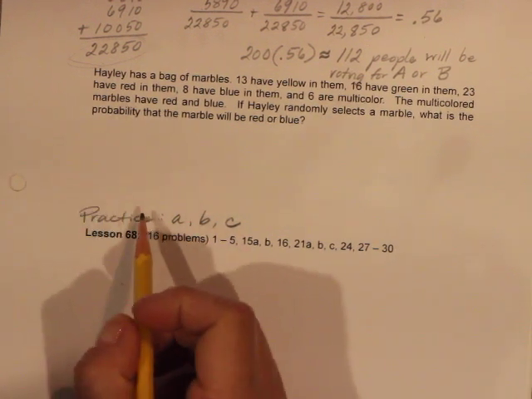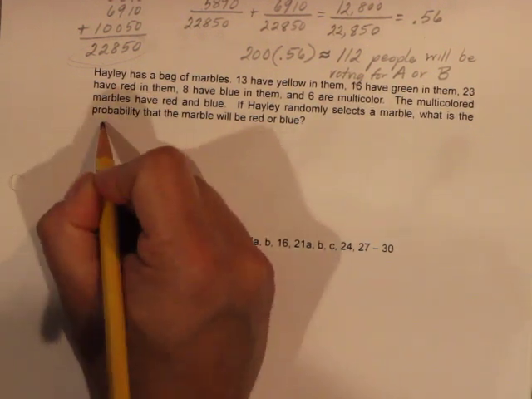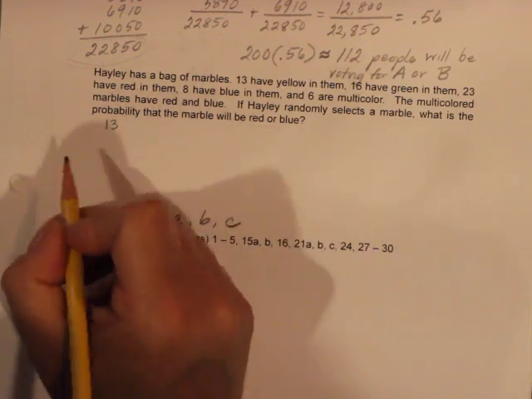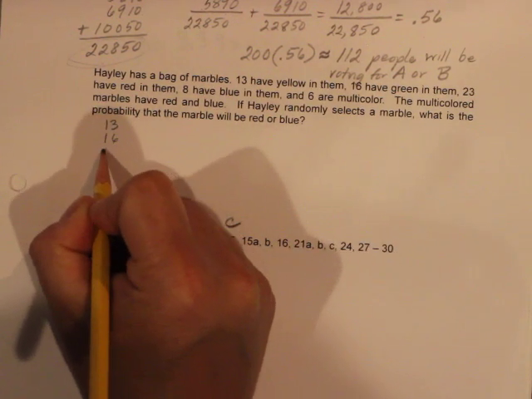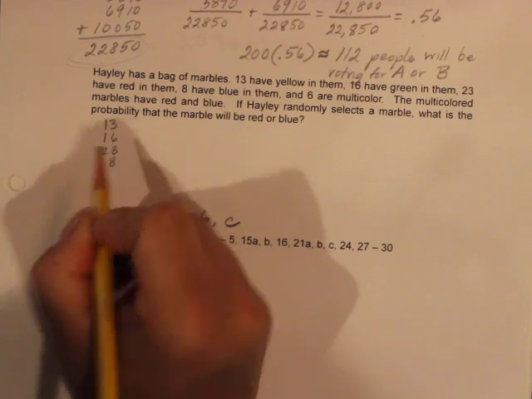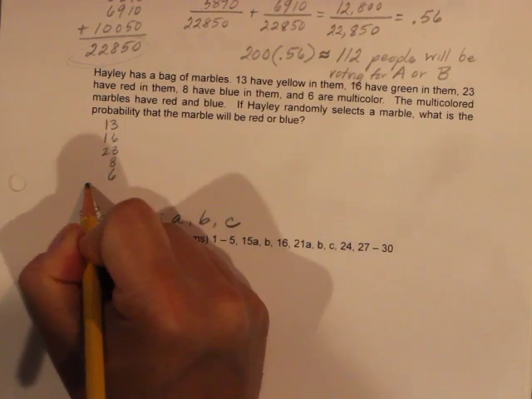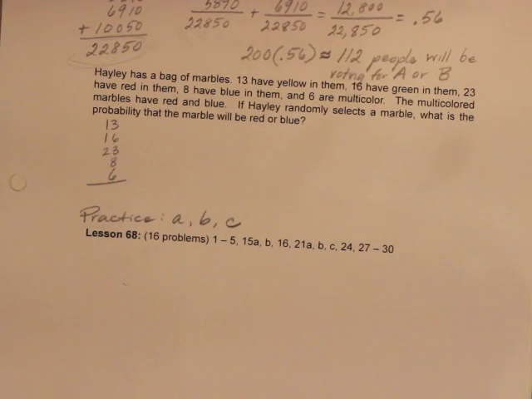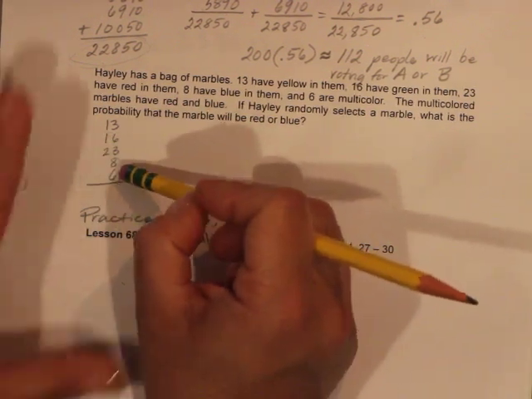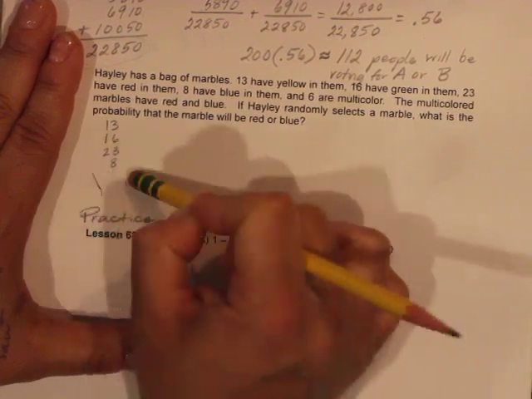All right, first things first, we need to know how many marbles are in this bag. Okay, so she's got 13 yellow, 16 green, 23 red, 8 blue, and 6 multicolored. So let's go ahead and add all of those up. When I put those in my calculator, oh goodness, this is where I should have been careful.